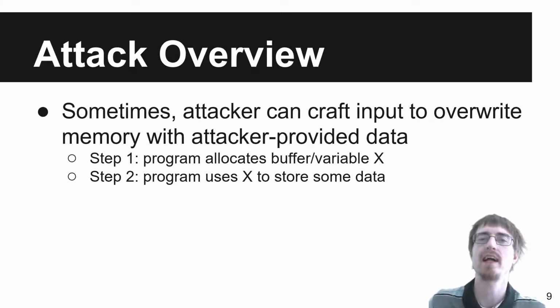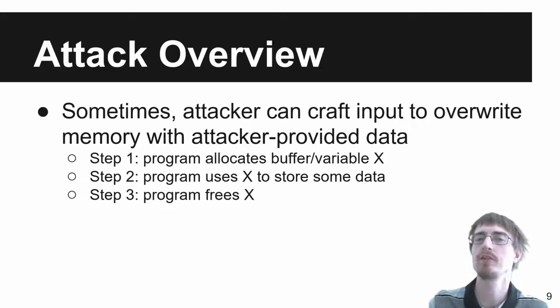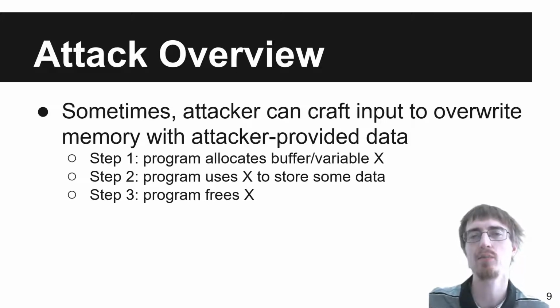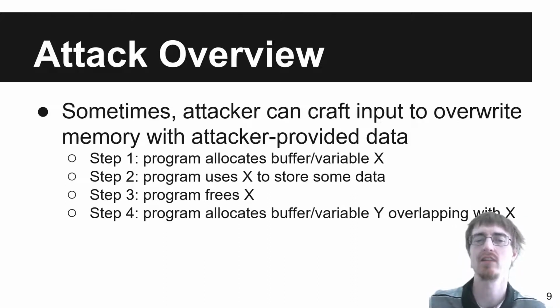We call the buffer X. The program uses X to store some data. So far so good, nothing wrong yet. The program frees X. Now what happens is that although X has been freed, there may still be pointers remaining to X. And these pointers assume that they actually point to X even if it no longer exists.